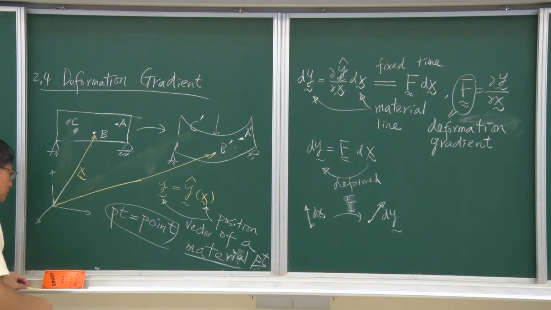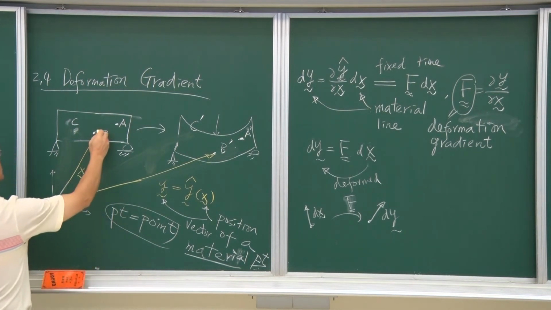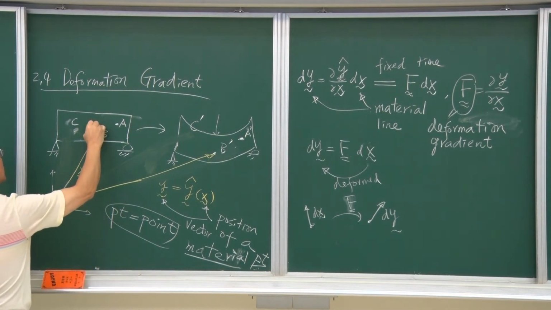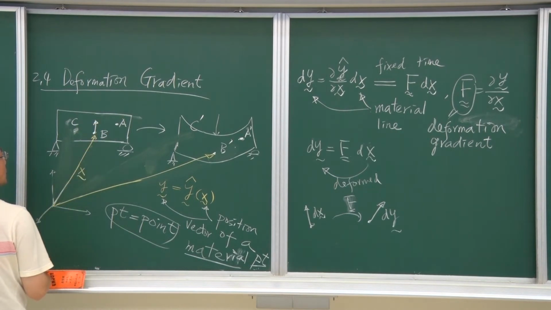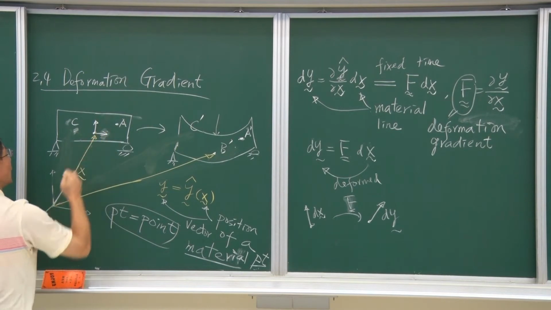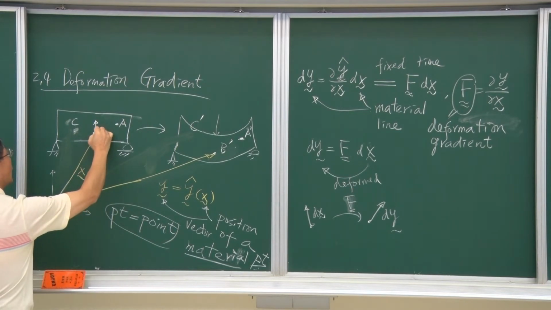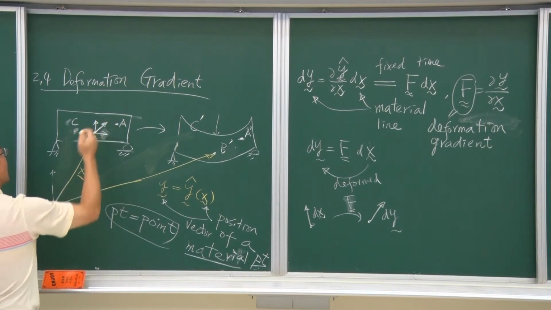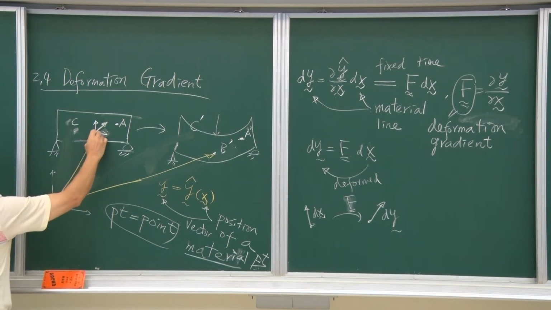And here we have one material line in this direction, and another material line in this direction, and one more material line in this direction, and one more in this direction, one more here, a lot.